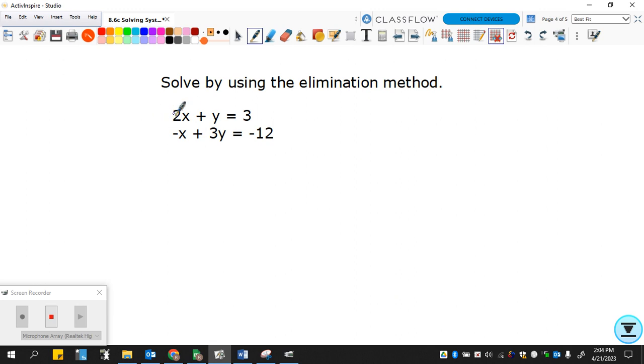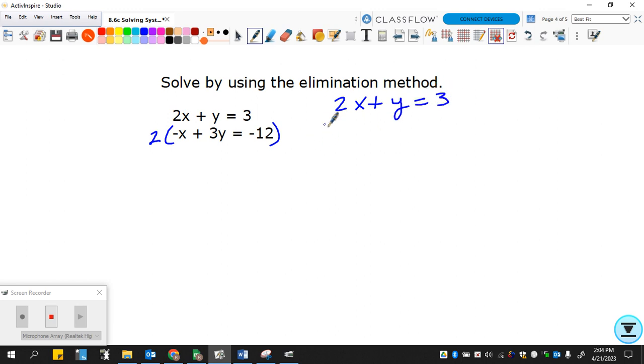Okay, we have a 2x plus y and a negative x plus 3y. We have opposite signs with the x's. So once again, we're just going to multiply the bottom one by 2, because then we have 2x plus y is equal to 3.